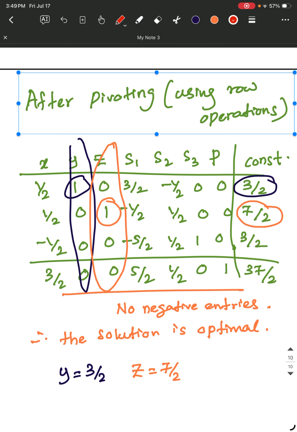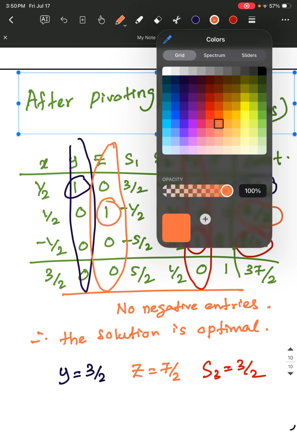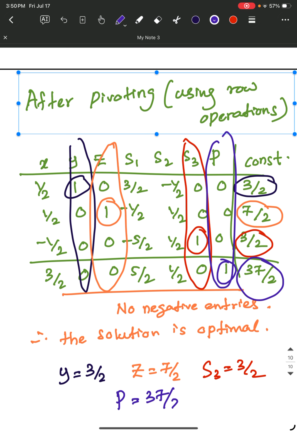And unit column s3, the corresponding value 3 over 2. The unit column p, corresponding value p equals 37 over 2.